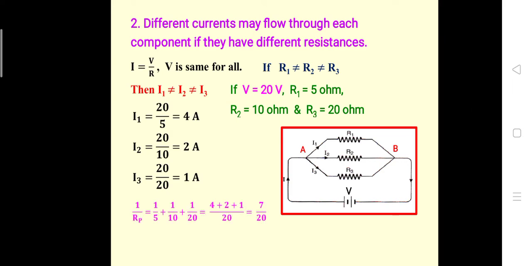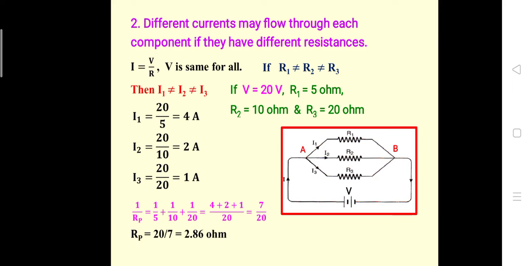And in this parallel combination, we can calculate the net resistance. 1 upon Rp is equal to 1 upon 5 plus 1 upon 10 plus 1 upon 20. Take LCM, LCM will be 20 and solve. Then we will get 1 upon Rp is equal to 7 upon 20. So Rp is equal to 20 upon 7 and then solving, we will get 2.86 ohm.